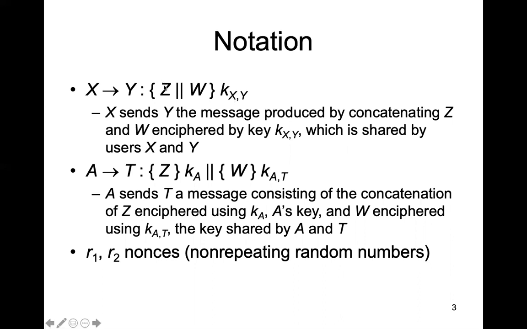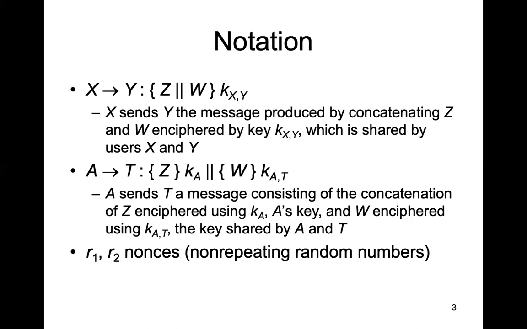In this particular case, the message that is encrypted is Z concatenated with W. We'll assume that there is some sort of a concatenation operator that allows us to concatenate two different messages, in this case Z and W. The concatenation operator is reversible in the sense that if I apply the corresponding reversible operation to Z concatenated with W, it will be able to produce for me Z and W.